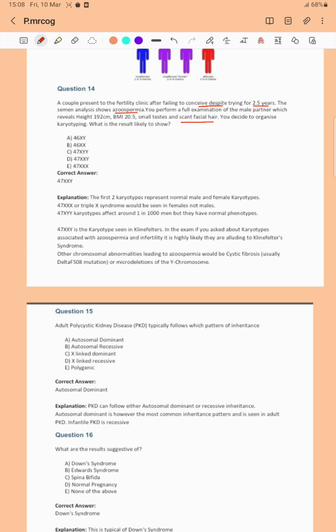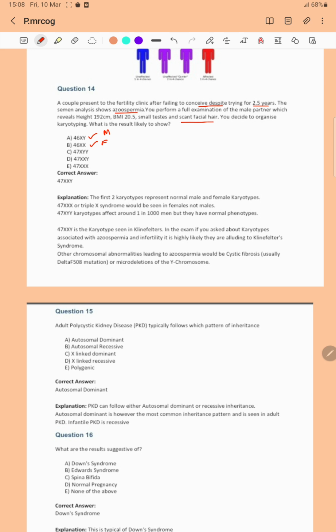So here, let's see the features. 46XY is a healthy male and 46XX is a healthy female.